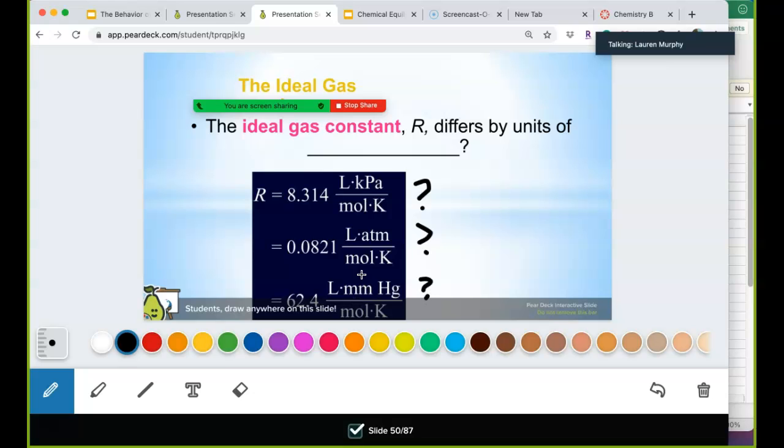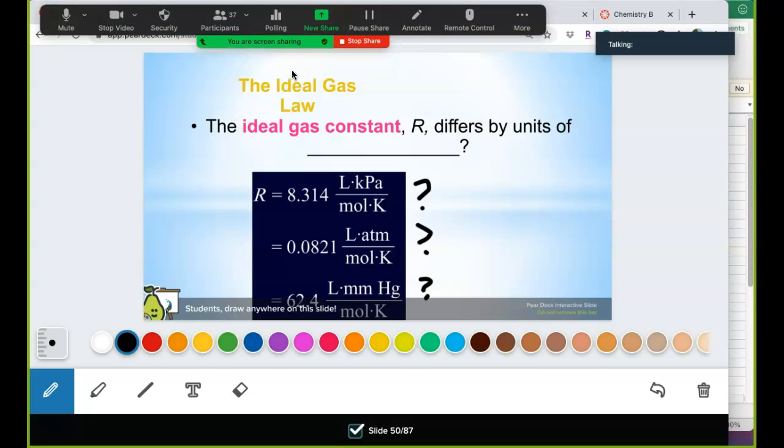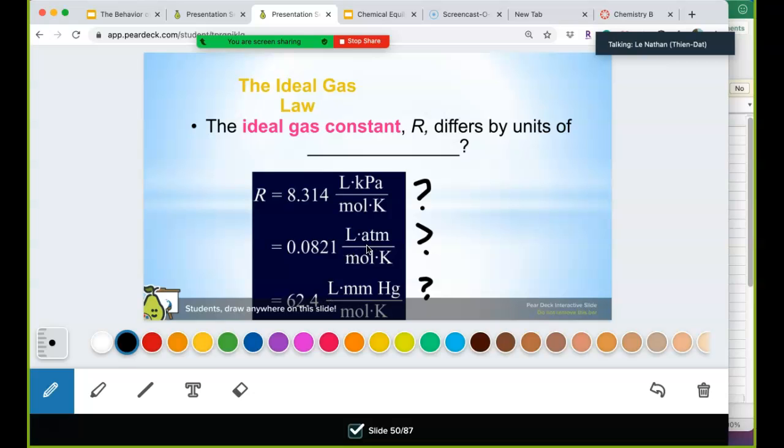These are three options. They asked you for the pressure in what unit? They asked for atmospheres. This is the one that has atmospheres in it.